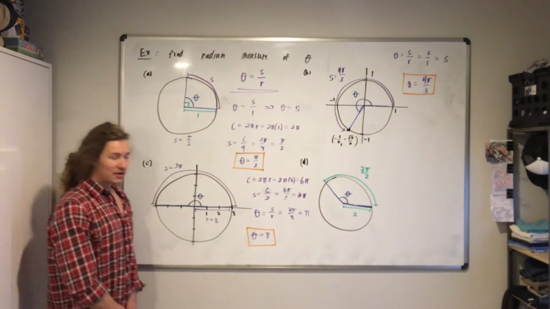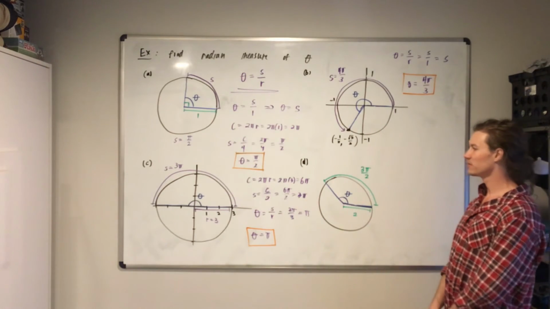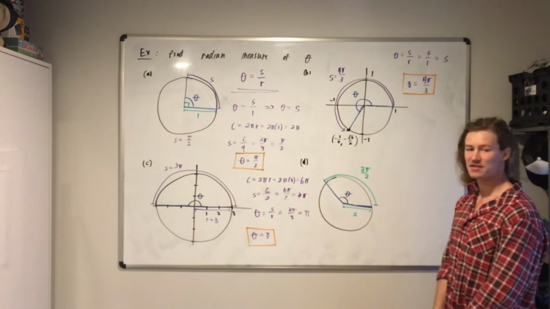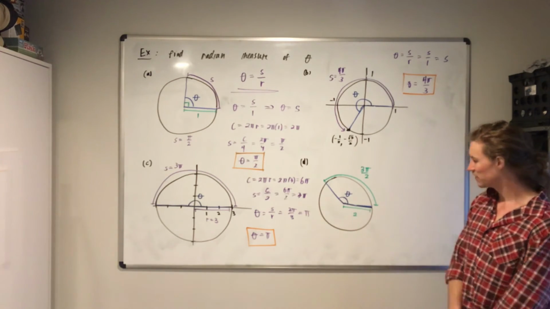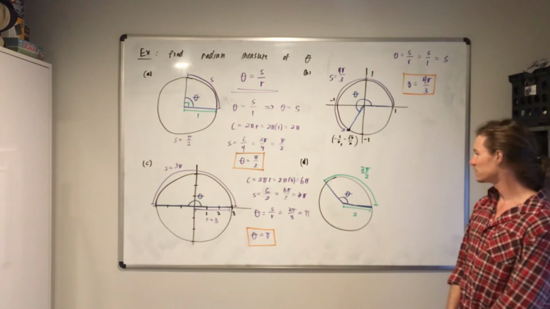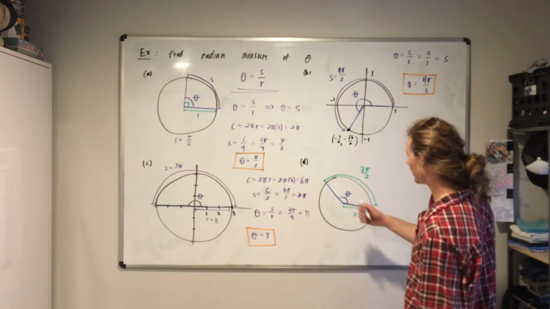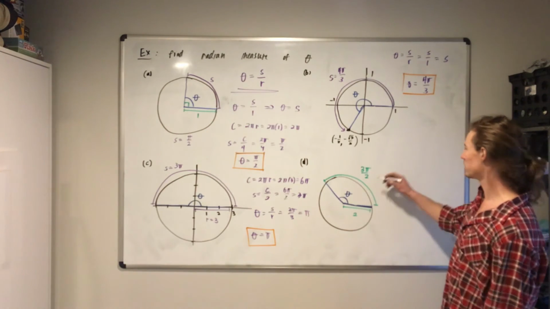Alright, finally let's look at part D. Here in part D, again, we're not working with a unit circle, but still our angle's vertex is at the center of that circle. Our radius is immediately given to us, it's 2, and our arc length is also given to us, it's 3 pi halves. So what is the measure of our angle theta in radians?